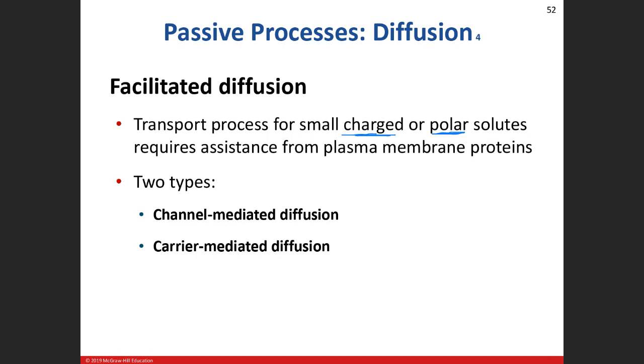There's another way to get something that's really big into the cell. When we're dealing with small charged solutes or polar solutes, we need help. And who do we go to? Plasma membrane proteins. When a friend asks for help, you help them. So in this situation, the plasma membrane proteins will do that.